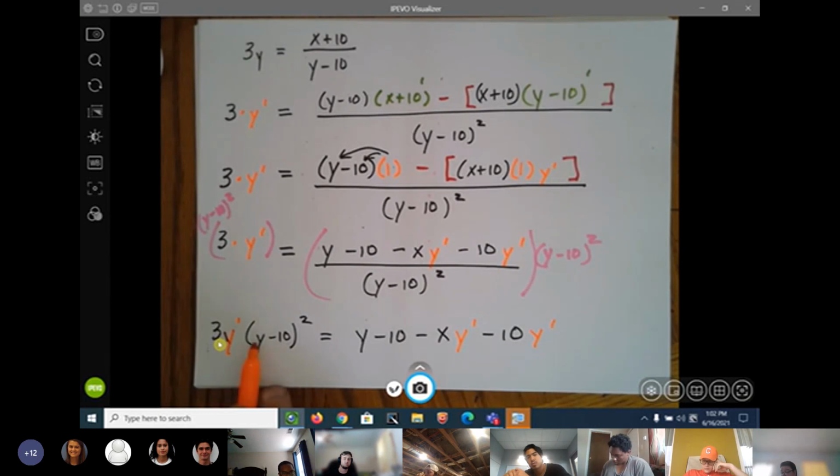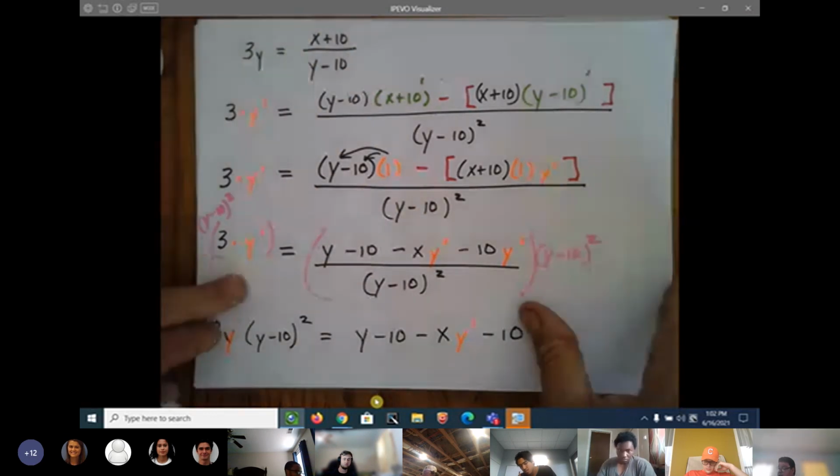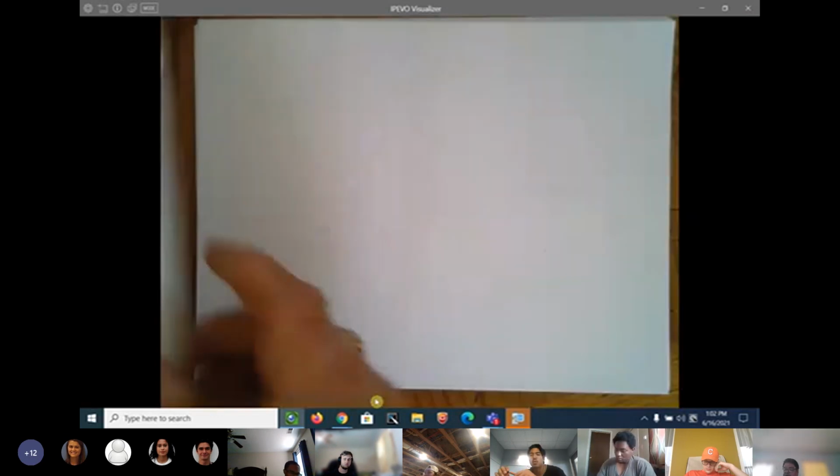Now we got to do shortcut number 2, and that's going to be y squared minus 20y plus 100, and then distribute that 3y prime, and then we can get our y primes together. So I'm going to go to the next page and rewrite what we just did.